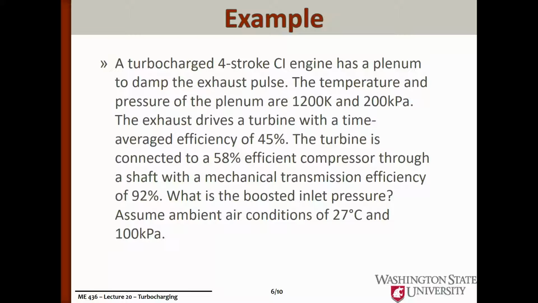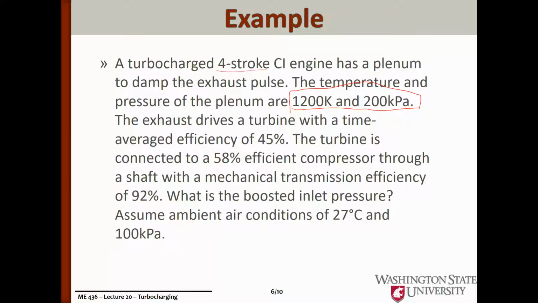So I have a quick example about a plenum volume type turbocharger, and then we'll be done for the lecture here. So I've got a turbocharged 4-stroke compression ignition engine. It uses a plenum to exhaust to dampen the exhaust pulse, and the temperature and pressure of that plenum is 1200 Kelvin and 200 kilopascal.